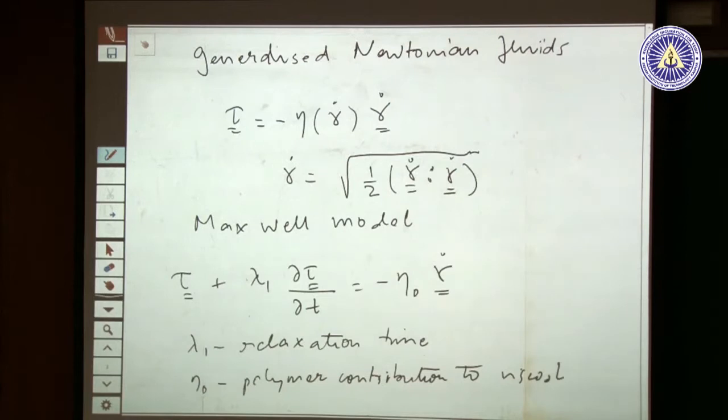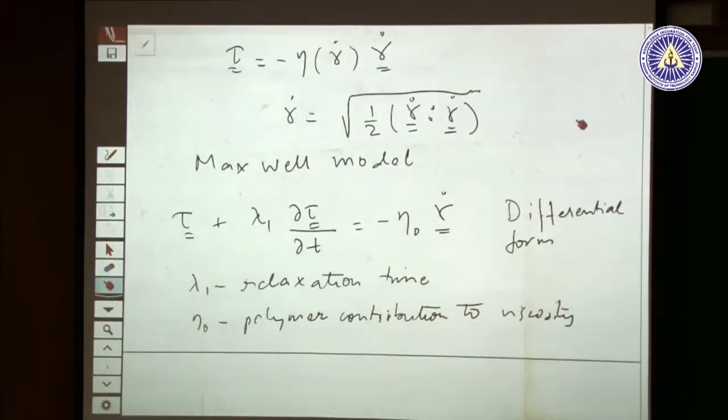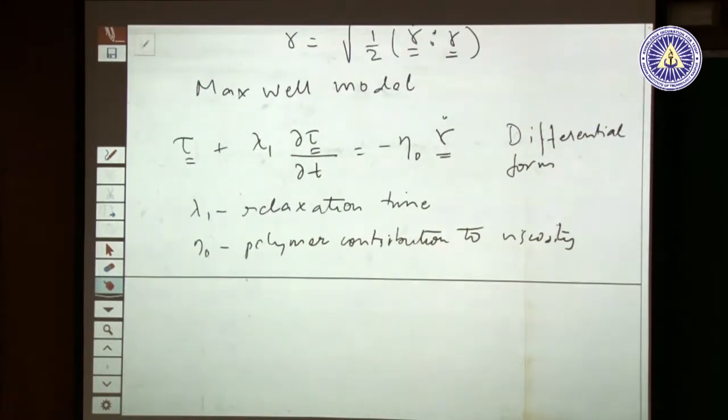This is referred to as the differential form of the Maxwell model. You could also have an integral form, which, because this is a first order differential equation, you can integrate in a straightforward way, and you would get something like this.